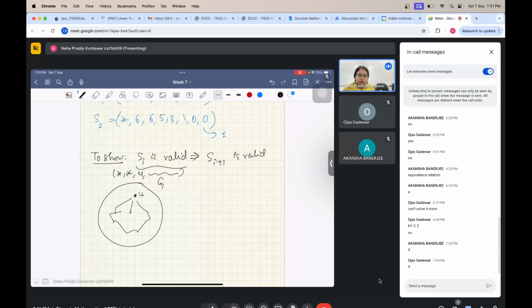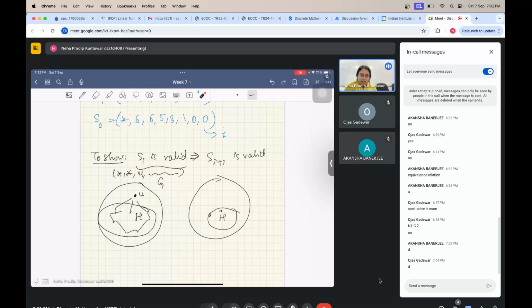So essentially what you're saying is that if this graph exists, then I can safely delete this vertex u, and I can delete the edges that are incident on it, and the graph that is remaining after that is valid. So that is exactly what we are saying, right? So assume you have a graph which is given by this sequence, that follows from the assumption, and you're deleting a vertex.